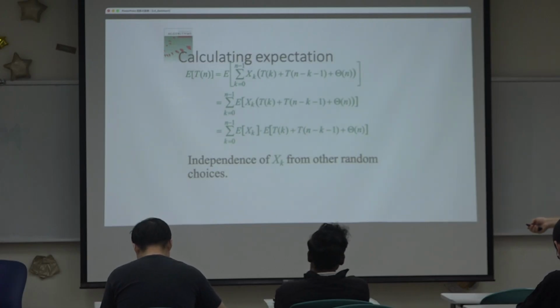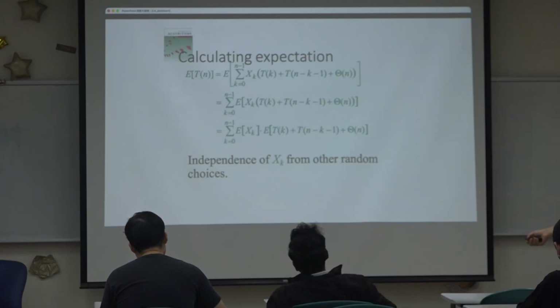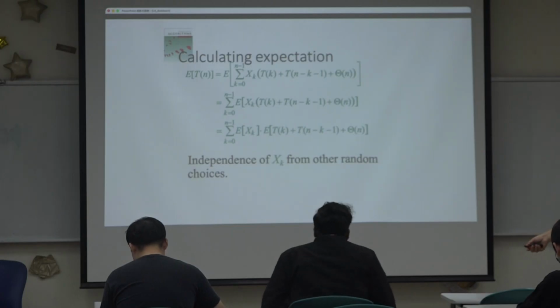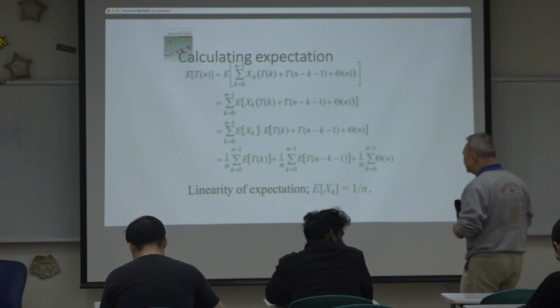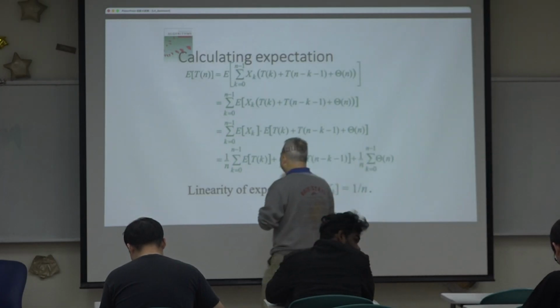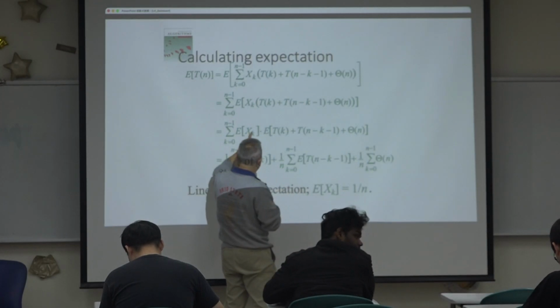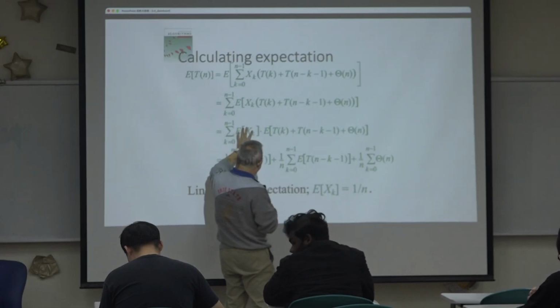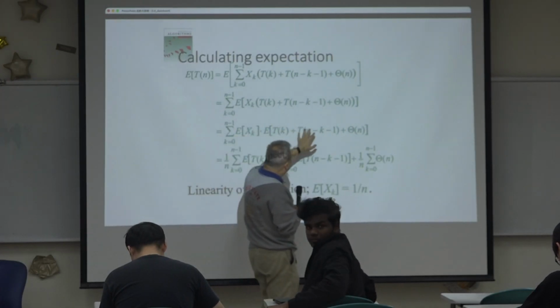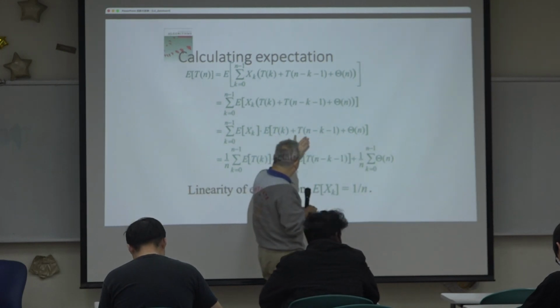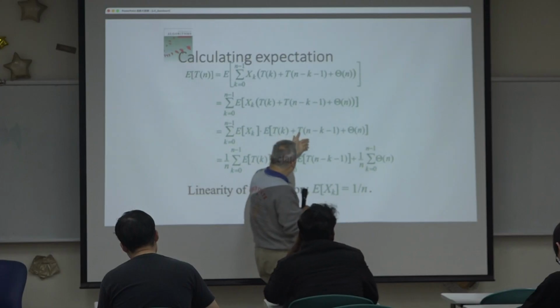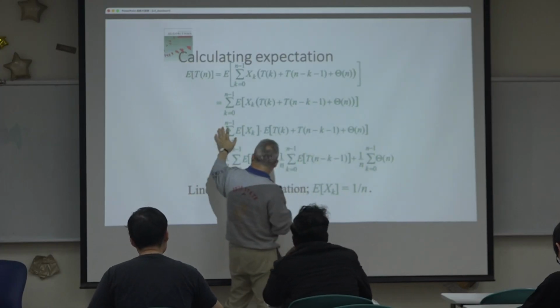And then the next step, we already know the expected value of Xk from our previous discussion. It is 1 over n. So we just multiply this 1 over n to every term here, and each of these terms we can put the expected value on separately, and then sum them up.